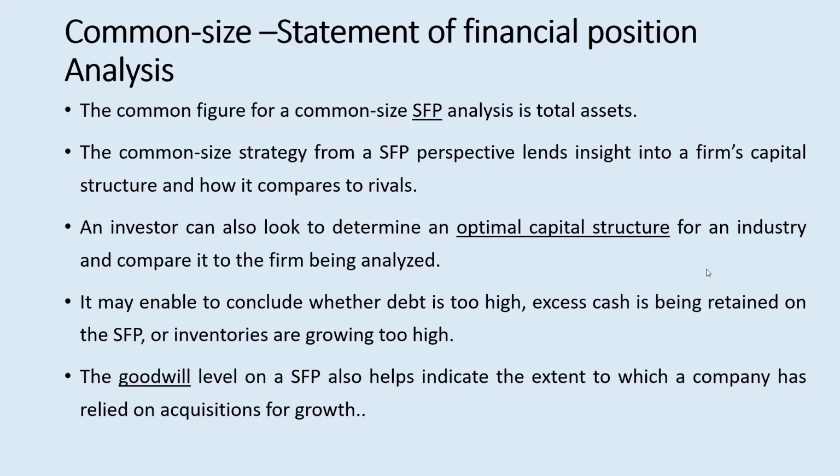The next one is that an investor can also look to determine an optimum capital structure for an industry and compare it to the firm by analyzing. So what is this optimum capital structure? Since you are going to do strategic financial management, you know that Modigliani and Miller have the optimum capital structure theories.